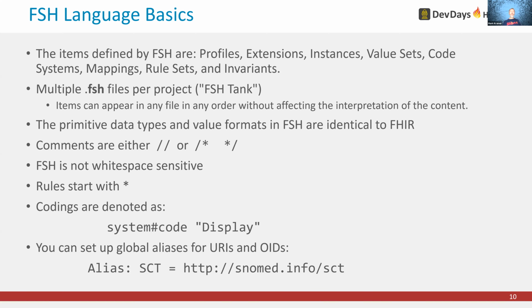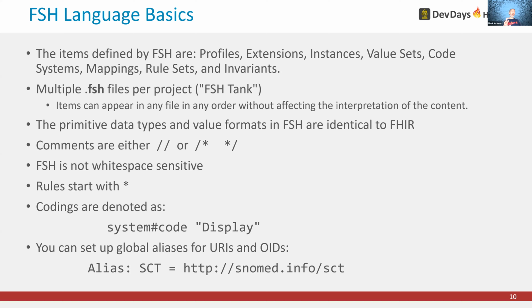And just in keeping with this aquatic theme, we call that a FSH Tank. A FSH Tank is nothing more than a set of files in a directory that are associated with one project. And the items, the profiles, extensions, and so forth, these can appear in any FSH file within that FSH Tank without affecting the interpretation.